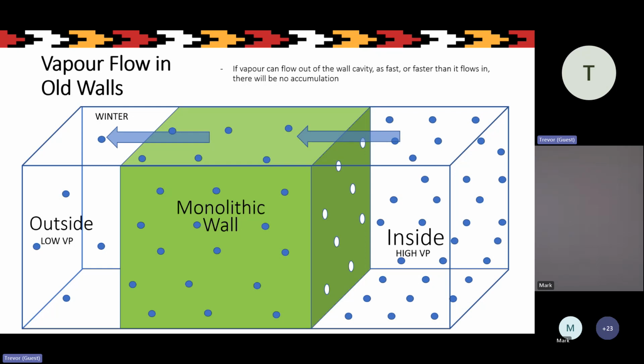The problem is, let's say inside during the winter it's 20 degrees, 40% RH, and outside it's minus 10, 90% RH. Now we have a 40 to 90% RH difference, but we're not going to see movement from 90% to 40%. We're going to see it the other way because of vapor pressure. So you really do have to understand how the air temperature is playing into this.